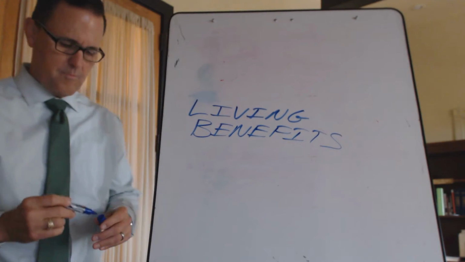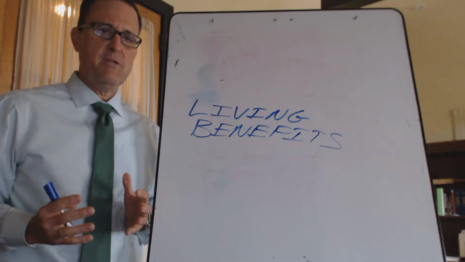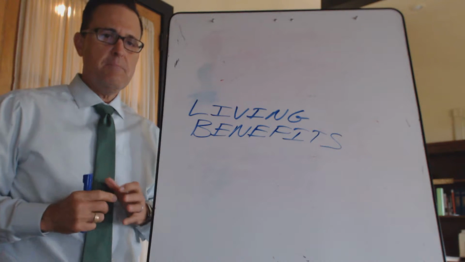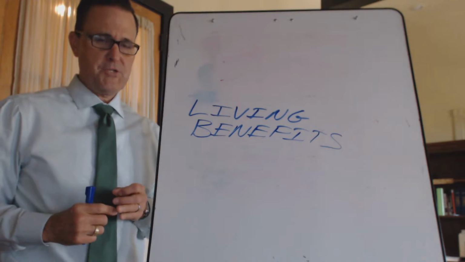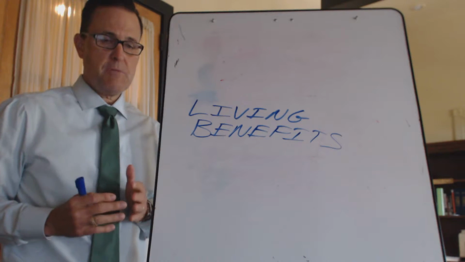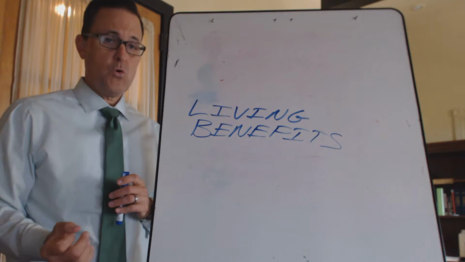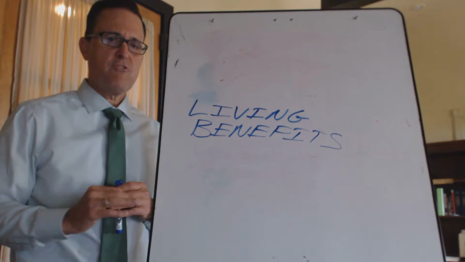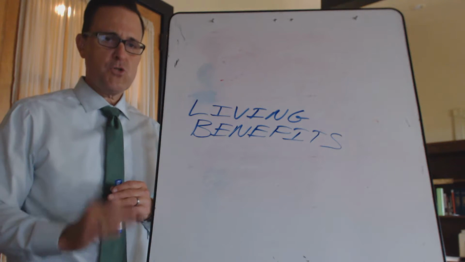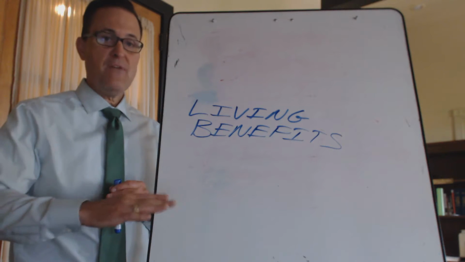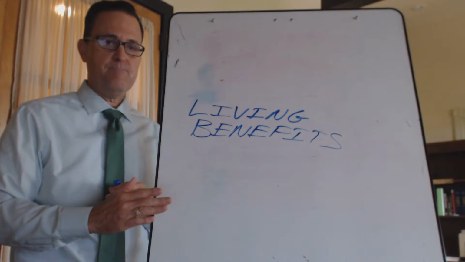Okay, so what do I mean by living benefits? Well, it means that you, as the policyholder, the person that the policy is written on, can derive benefits from that policy while you're still alive. You don't have to die to get benefit.